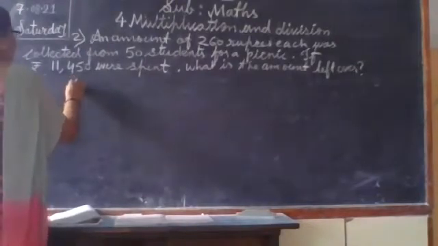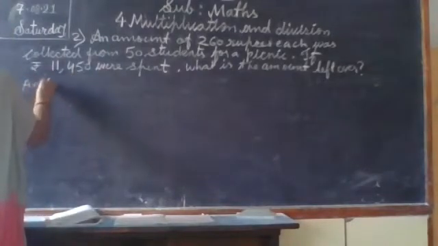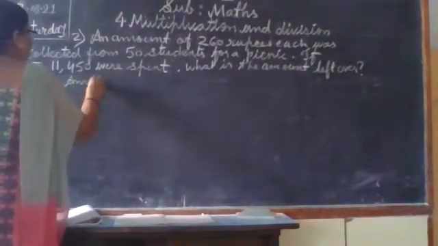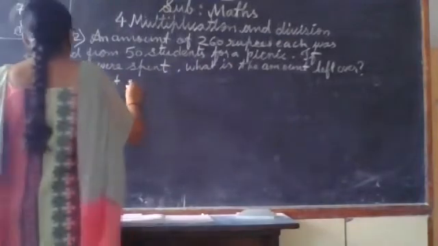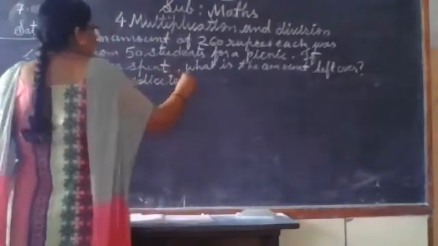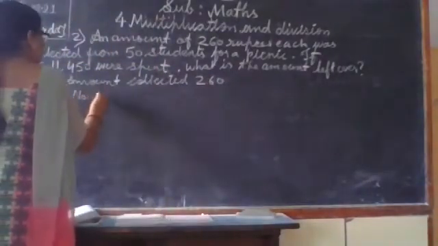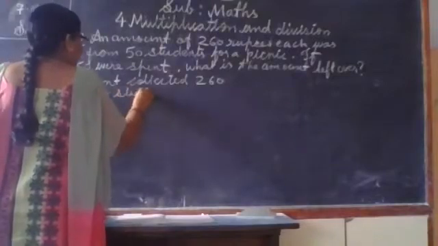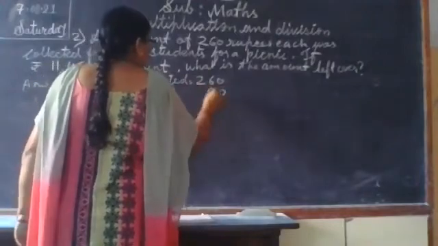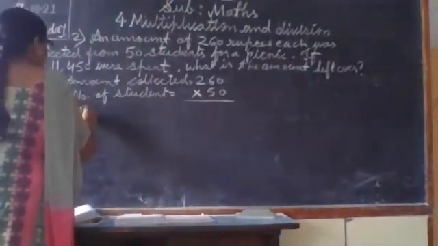So the amount collected per student is 260, and the number of students is 50. If you multiply them, what do you get? The total amount collected.